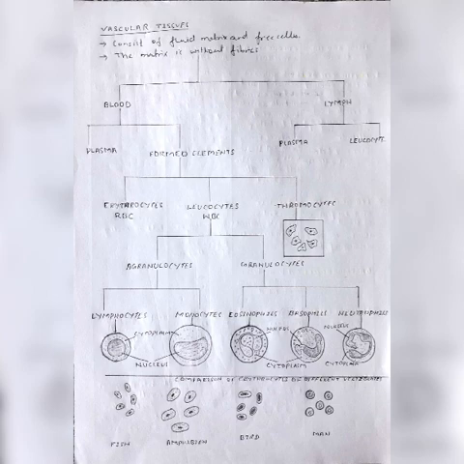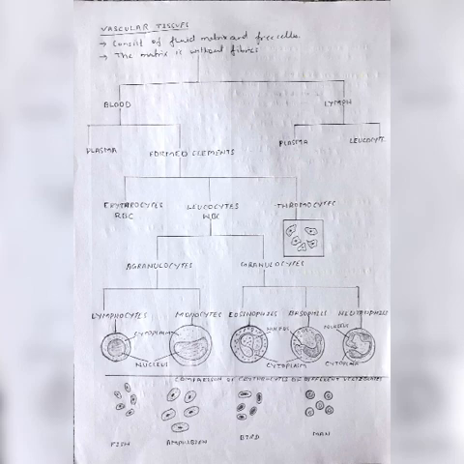A means absent, so agranulocytes have no granules inside the cytoplasm of the cell. On the other hand, granulocytes have granules in their cytoplasm. Agranulocytes are further divided into two kinds, lymphocytes and monocytes. Here is a diagram of both.